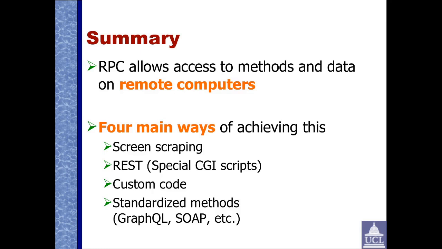GraphQL so far I think has only been used in 2, maybe 3 bioinformatics applications. SOAP has largely died out from a bioinformatics perspective and been replaced by REST, but a number of websites are starting to think about implementing GraphQL as a more flexible approach than using REST.